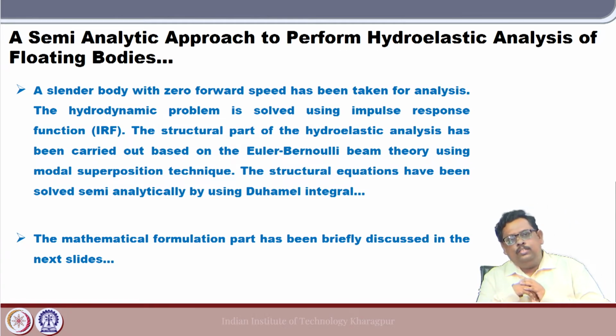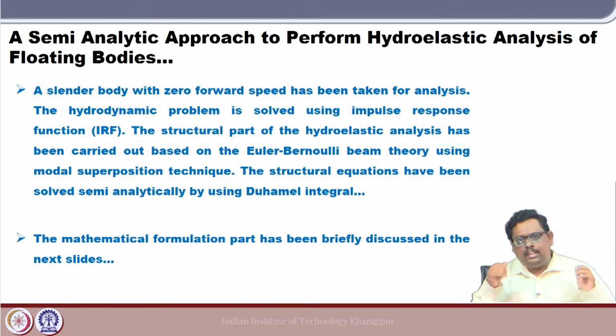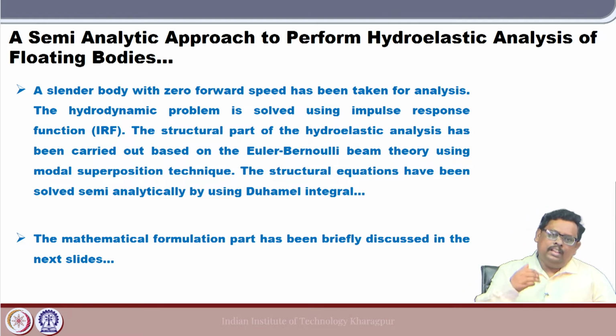Here, what we are going to do is take a rectangular barge. This also applies to a ship shaped body, but the theory will be more complicated. So at the basic level, let us drop the forward speed as well as the ship shaped body and start with the rectangular barge.